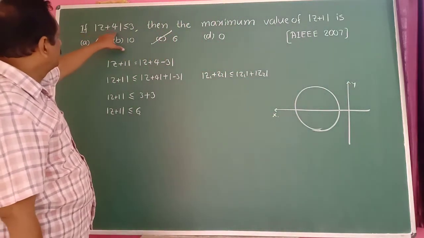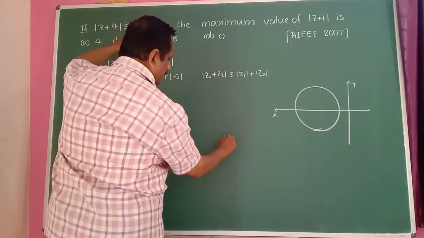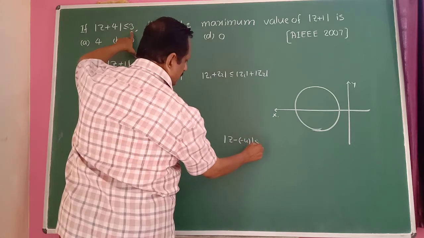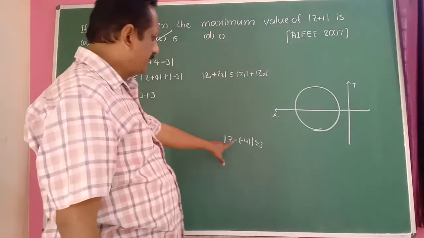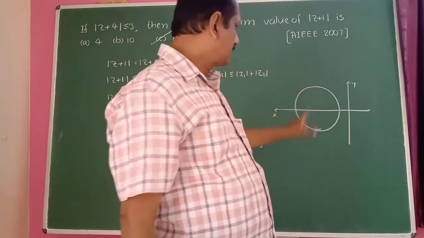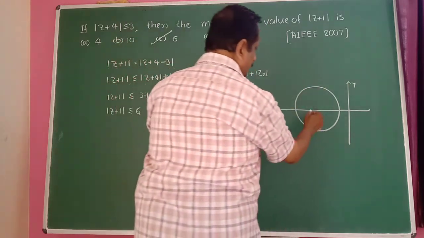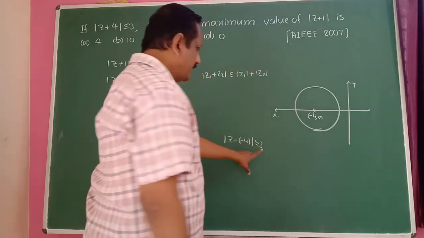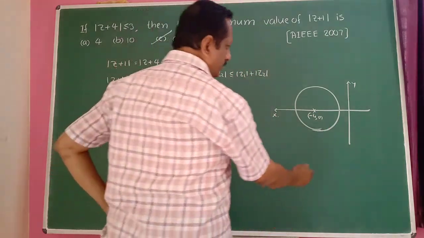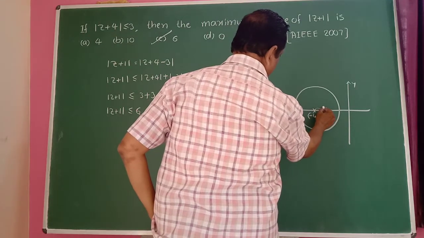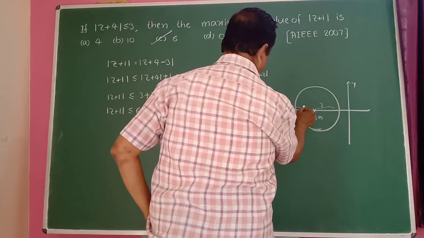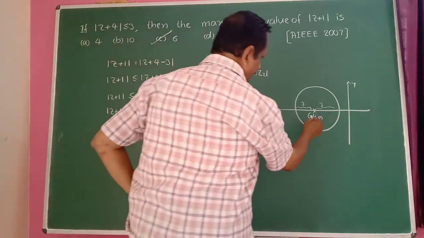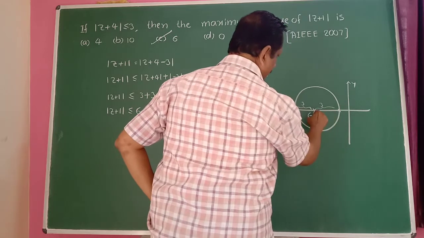Modulus of z plus 4 less than or equal to 3 means modulus of z minus minus 4 is less than or equal to 3, which means the values inside the circle whose center is at minus 4, 0. So the center is minus 4, 0 and the radius is 3 units. If the center is minus 4, 0, then the radius is 3 here.